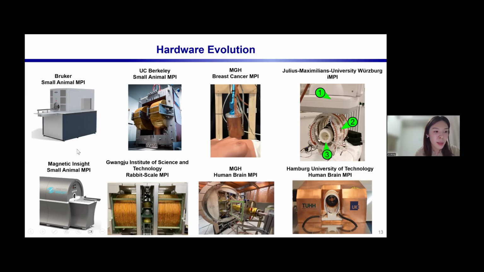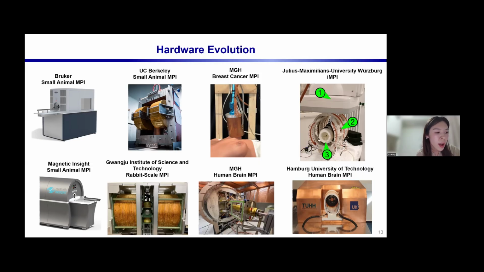At the same time, many top-tier academic institutions like UC Berkeley in the US, Gwangju Institute of Science and Technology in Korea, and many other groups in Germany have developed their own high-performance in-house systems for preclinical research.